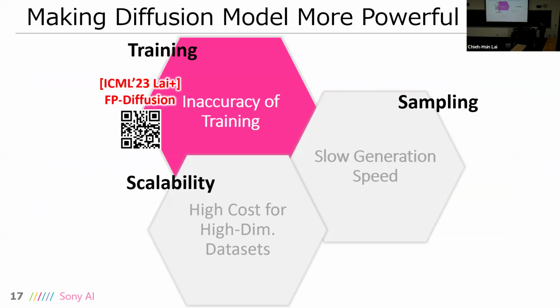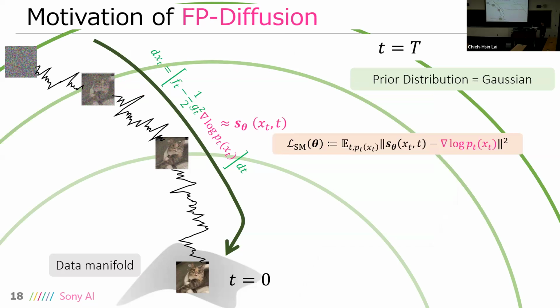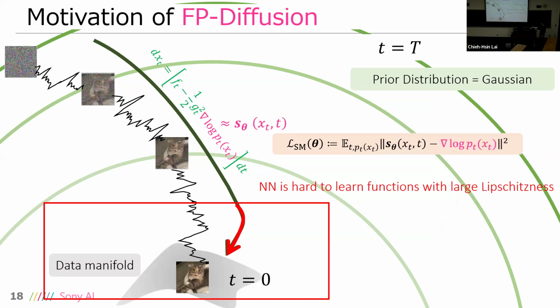For the inaccuracy of training, I will explain why it happens, and we have work to mitigate it. Diffusion model has training inaccuracy because your data is actually lying on a lower dimensional manifold. If you use your neural network to do the score matching, the score when t is close to 0 will be super large because the score is sinking toward this lower dimensional structure.